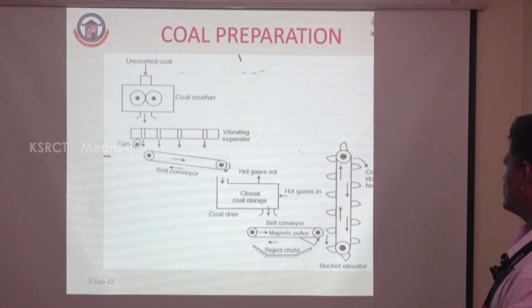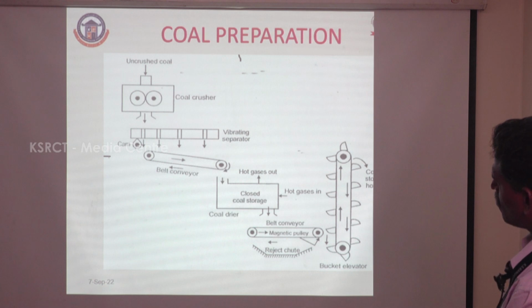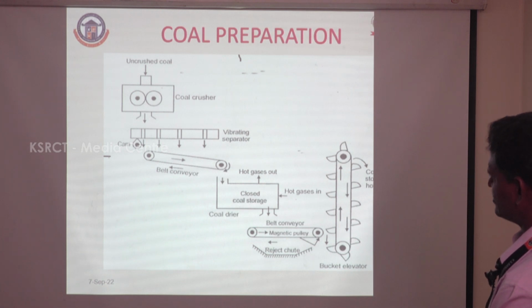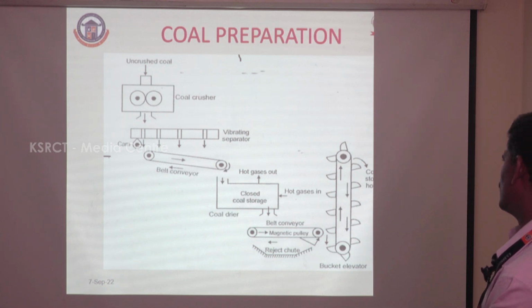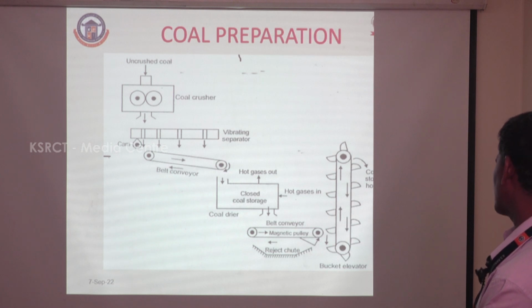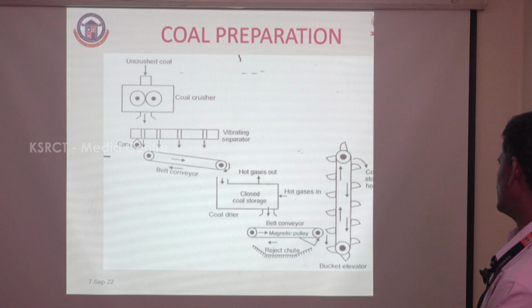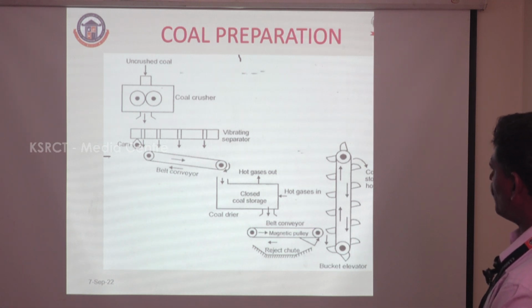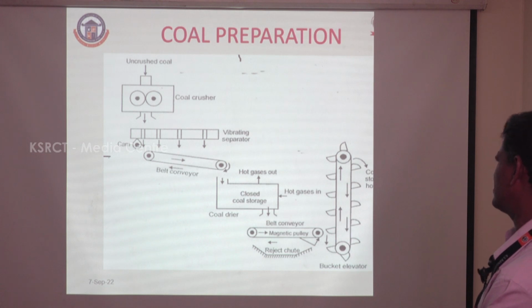The coal is not of uniform size, and large-size coal is also available. Putting large-size coal into the boiler is practically not possible. So the coal is broken up into small parts and converted into powder form.